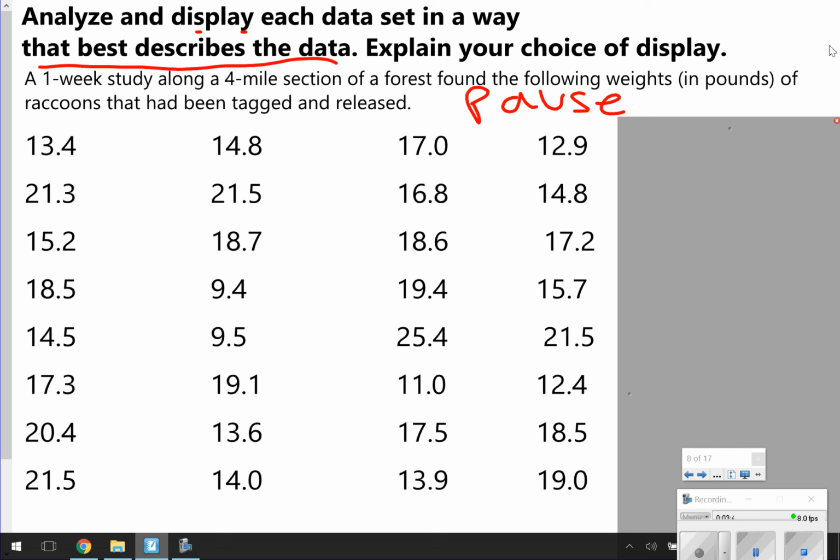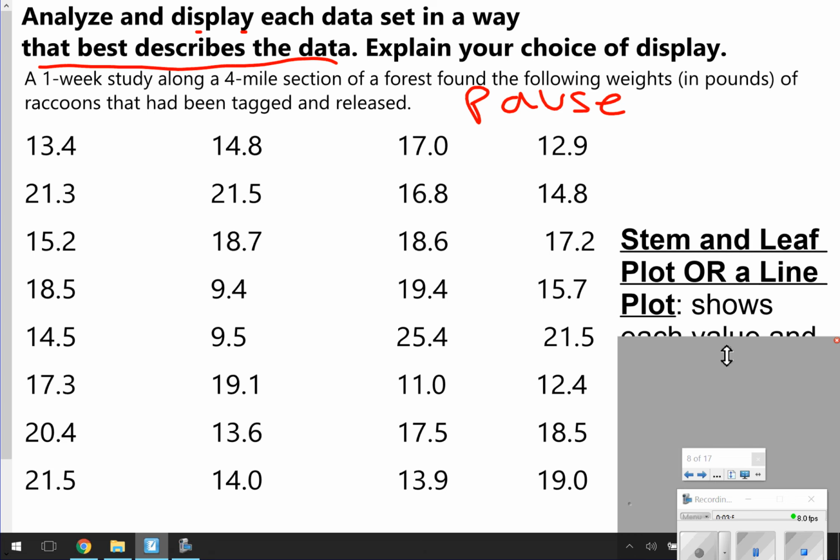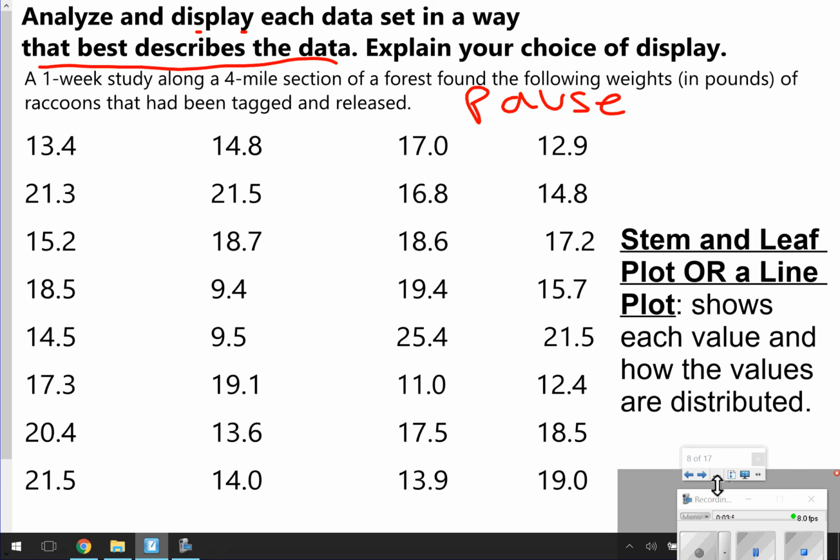Because there are so many numbers here, it would be best to use a stem and leaf plot or a line plot because it's going to show you how the values are distributed. It looks like we have a lot of 18-pound raccoons, a lot of 20-pound raccoons. So a stem and leaf plot or line plot would be best here since we have so much data and it's relatively close to one another.